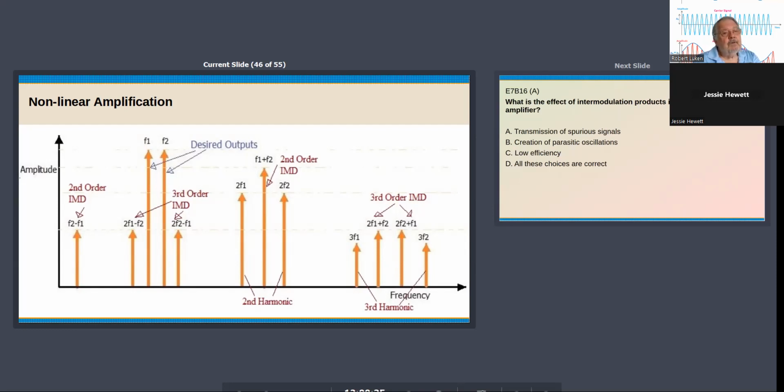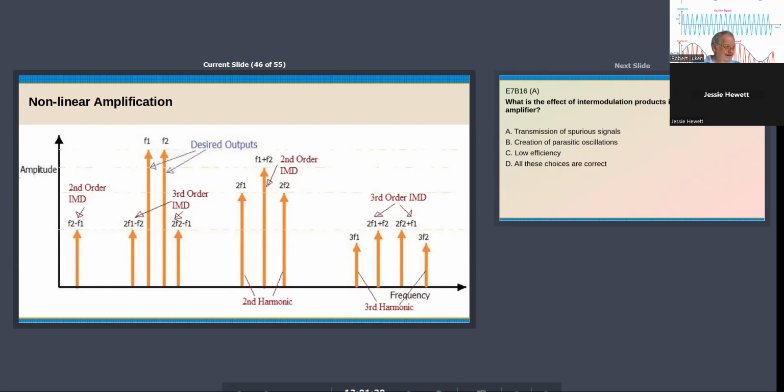But you also get twice F1 minus F2 and twice F2 minus F1, which are the same distance between F1 and F2 as they are from those 2 carrier frequencies. So they're very hard to get rid of, which is why you try not to generate the third order harmonics. The second order are easy to filter out. And if you use a push-pull stage, it tends to minimize the second order anyway. Is that clear as mud?